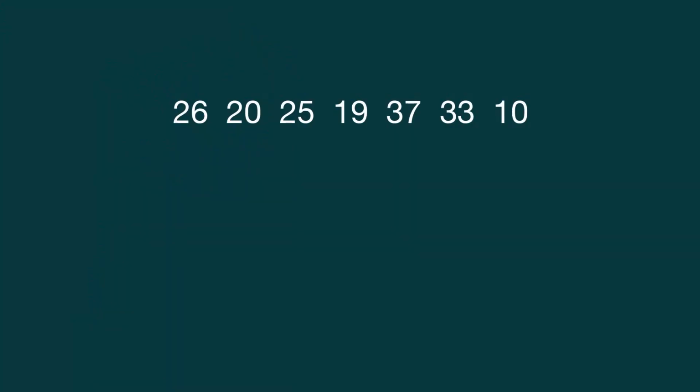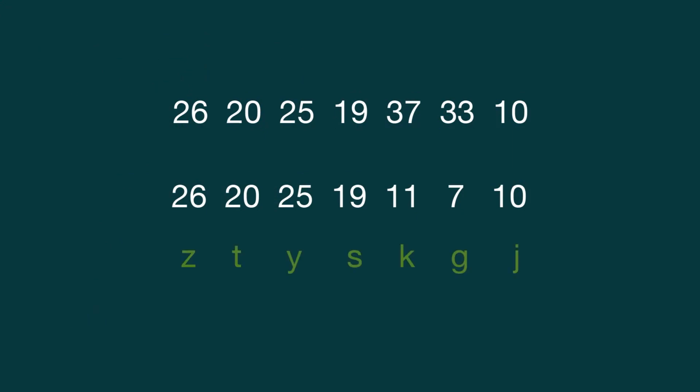So, we have to subtract 26 from them, and after applying the subtraction operation, the new ciphertext character numbers are as follows: 26, 20, 25, 19, 11, 7 and 10. New ciphertext is produced after getting the corresponding character from the number. Hence, the ciphertext will be Z, T, Y, S, K, G, J.